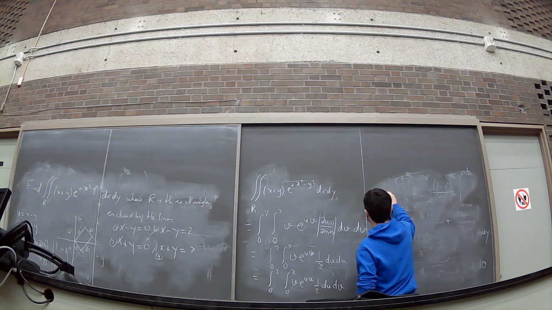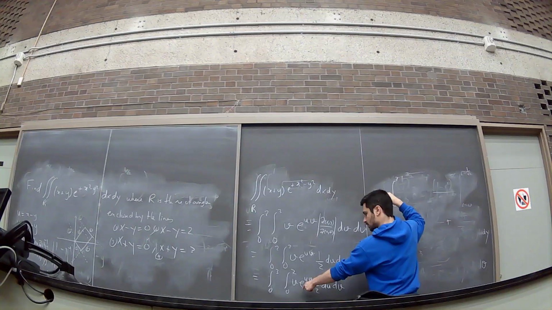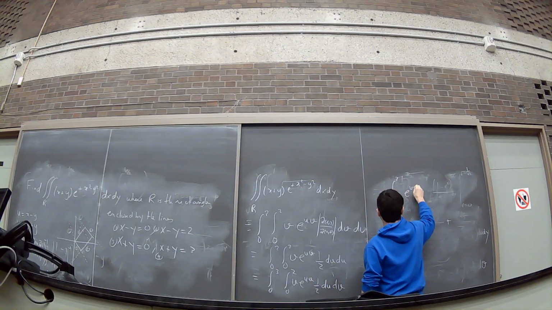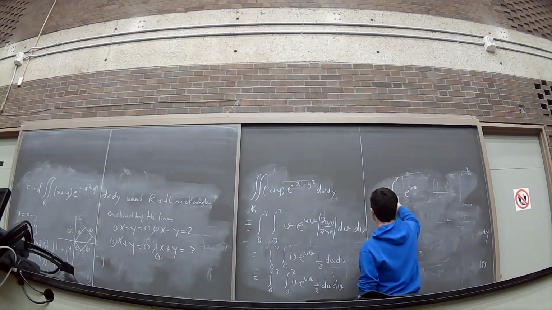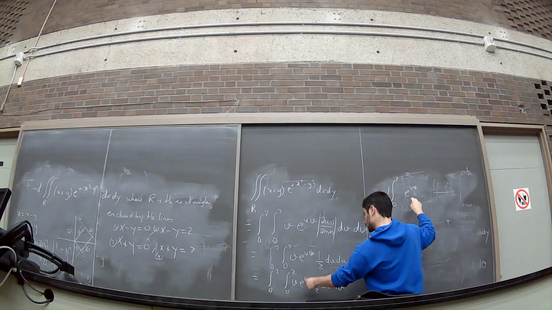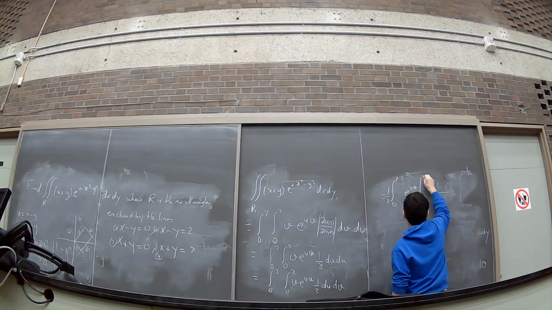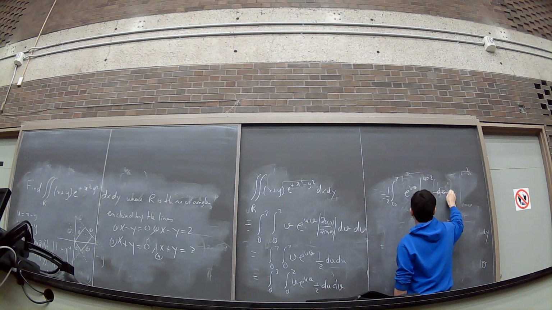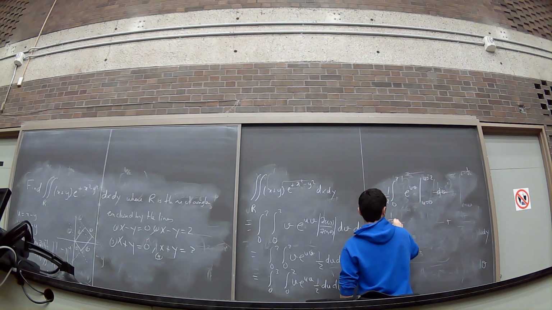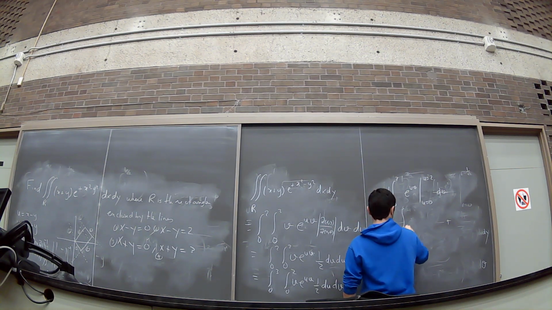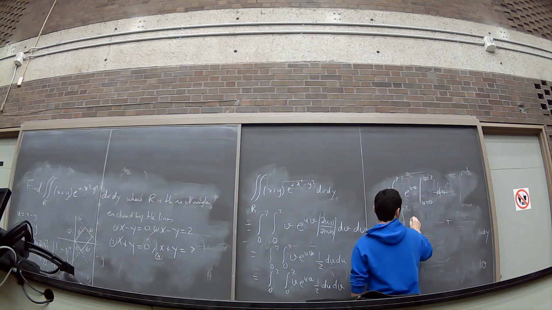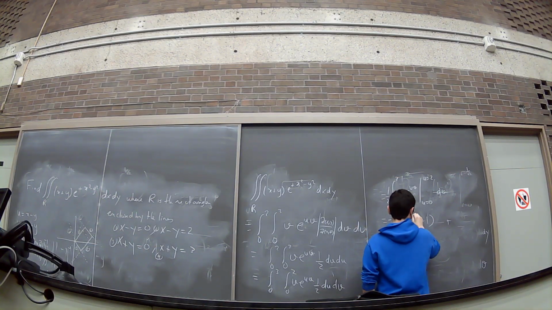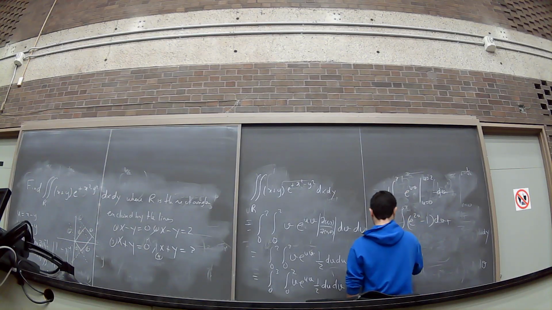So what is this? This is just the integral from 0 to 3 of e to the uv from u is equal to 0 to 2, dv. So you get 1/2 integral from 0 to 3 of e to the 2v minus 1 dv.